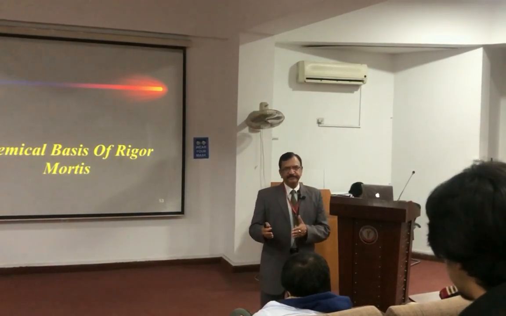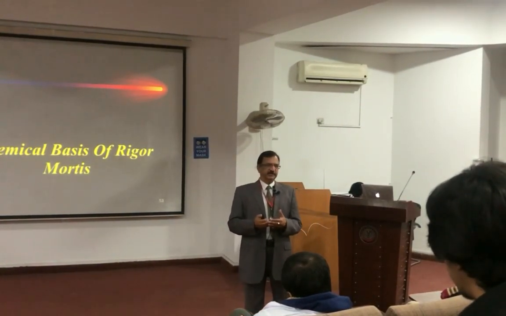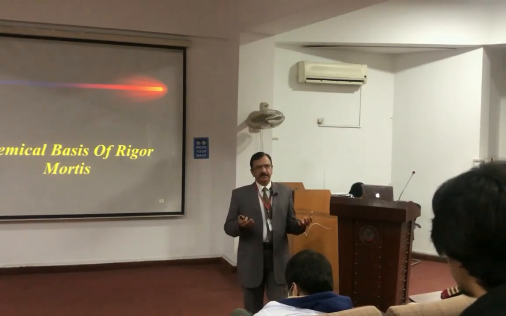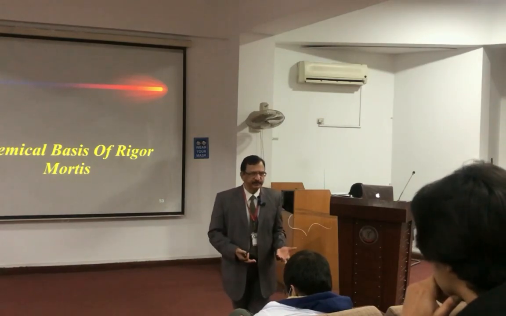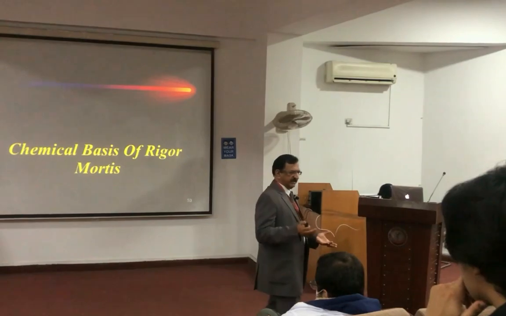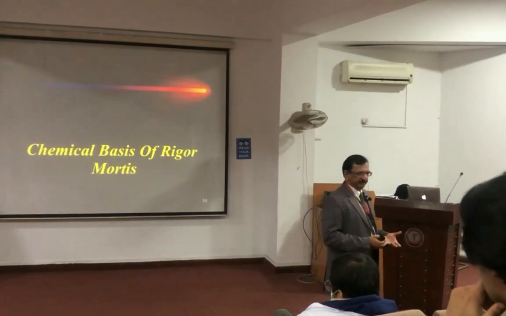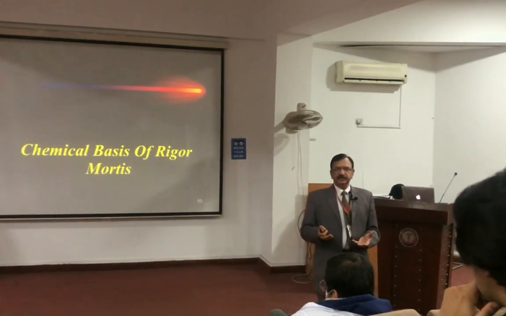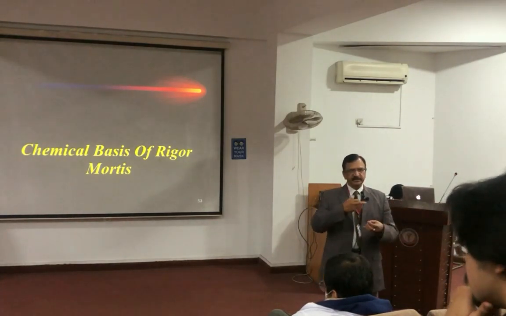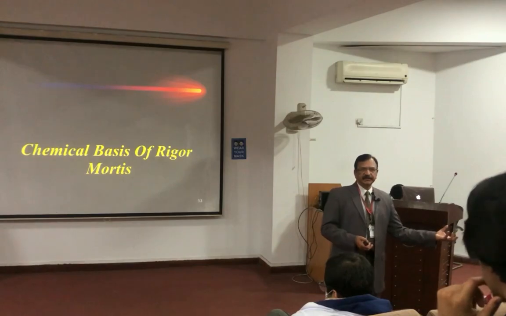So in life there is oxygen, and the living cycle in the mitochondria is producing ATPs by the carbonic acid cycle and glycolysis, and the side products which are being formed, the lactic acid, are being utilized by other cycles.